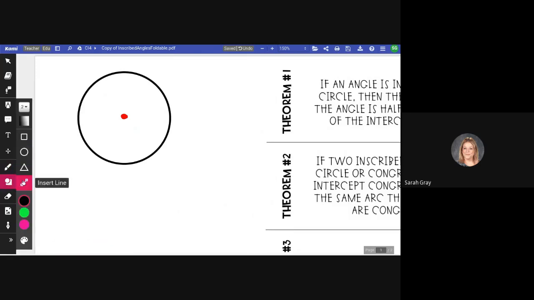Okay, feels like a Monday. Okay, a central angle is an angle that comes out of the center of a circle. So, for example, that's a central angle because its vertex is on the center.